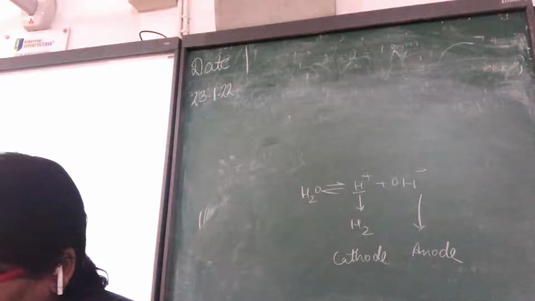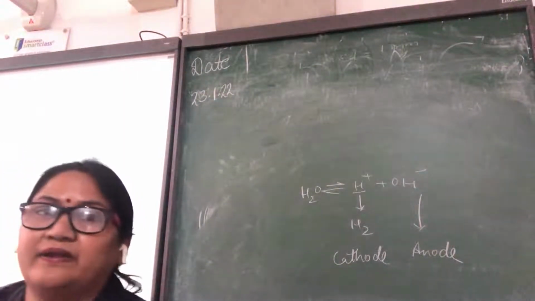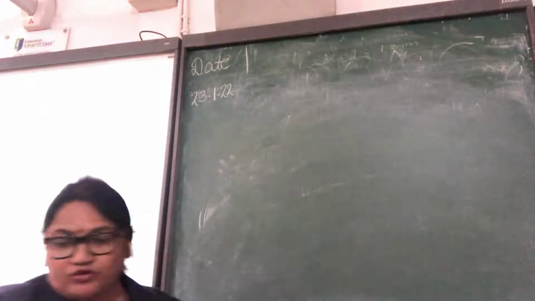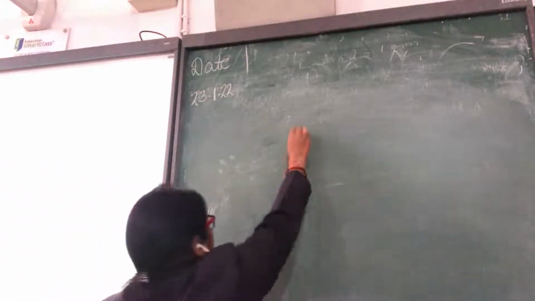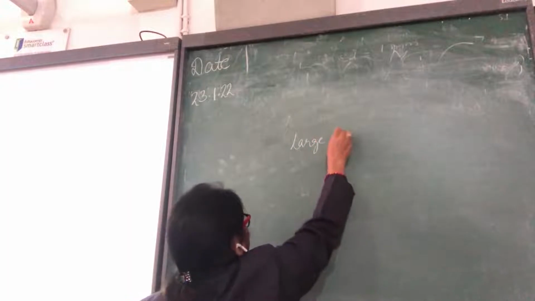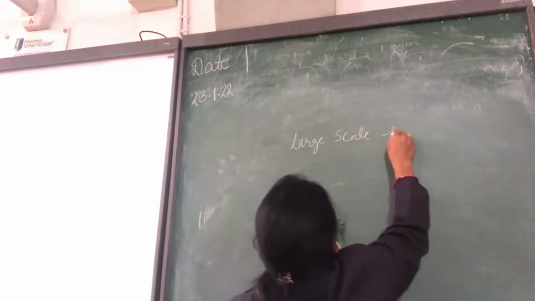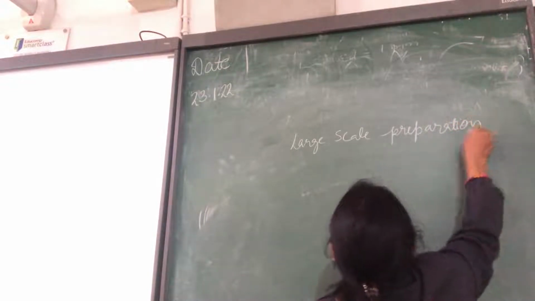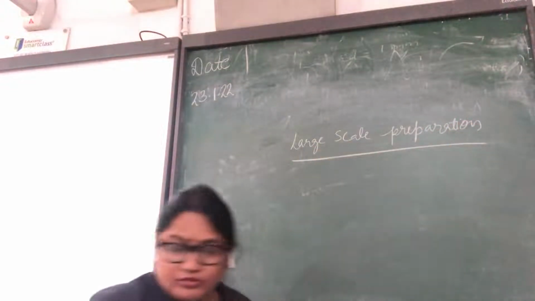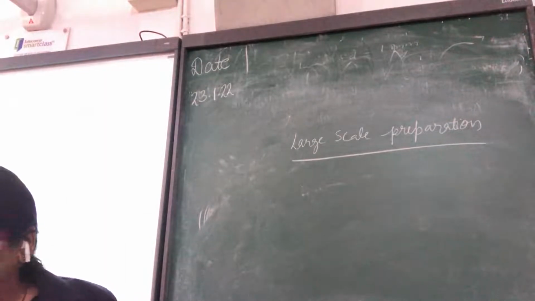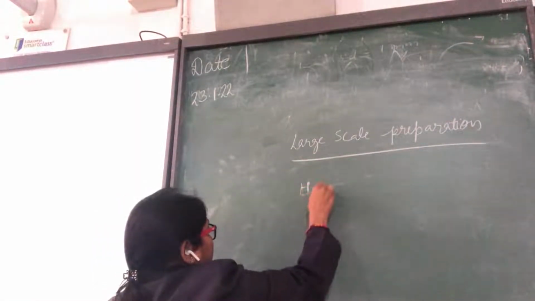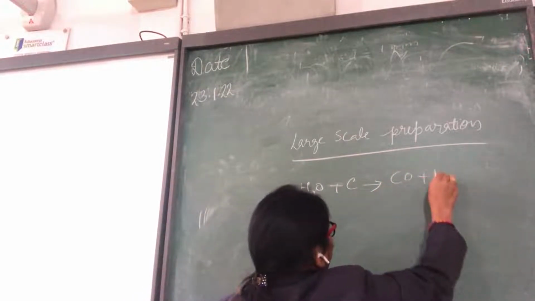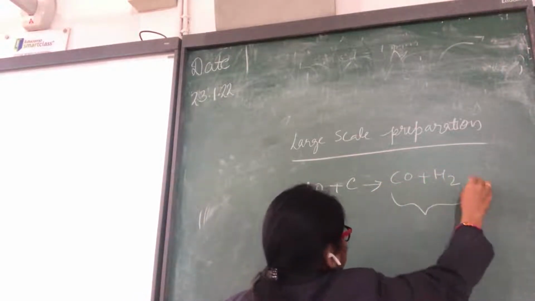If we want to prepare hydrogen gas on a large scale, what we will do is a reaction between carbon and water, which will produce CO plus H2.